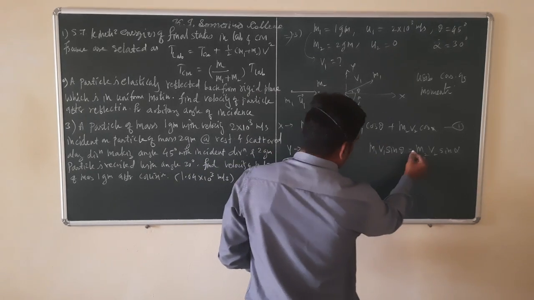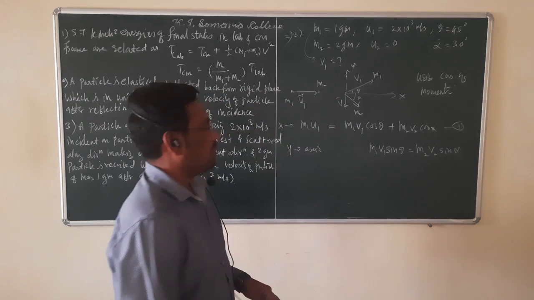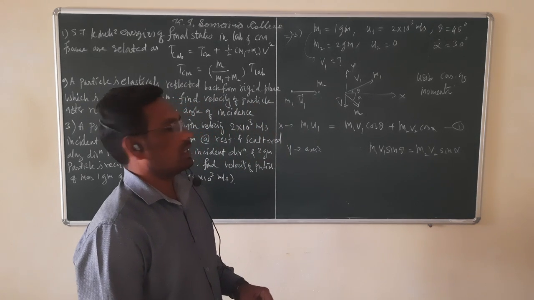If you take this term on the right hand side, m1 v1 sin theta is equal to m2 v2 sin alpha.